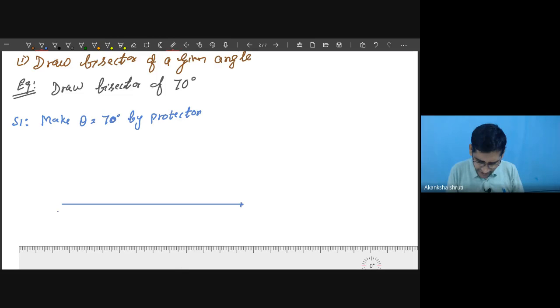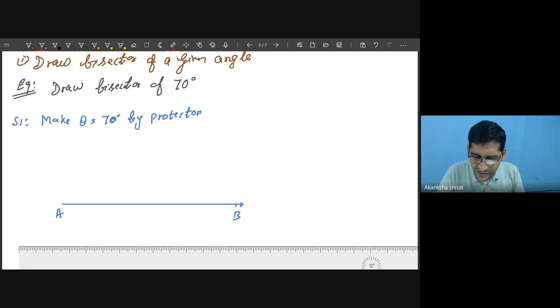Let us call this point A, the other end of this ray B. At A we have to make 70 degree. Students, understand carefully. At the bottom of the protractor there is a horizontal line. That line has to coincide with the line we have drawn, and moving on this circular arc, the angle is formed.